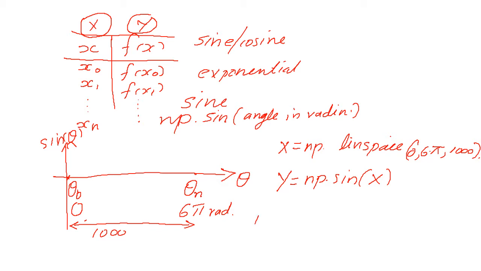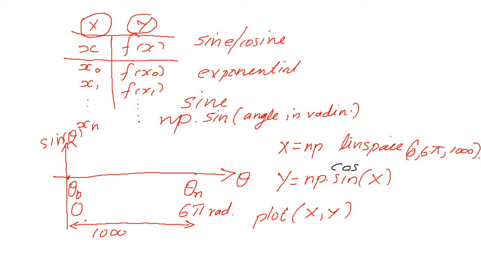Then it is very simple to plot. We can use the plot function available in matplotlib, plot x, y, and you can definitely decorate the plot. You can add title, x labels, y labels, etc. Now if you wish to plot cosine instead, the only change is here: instead of sine you can write cos.